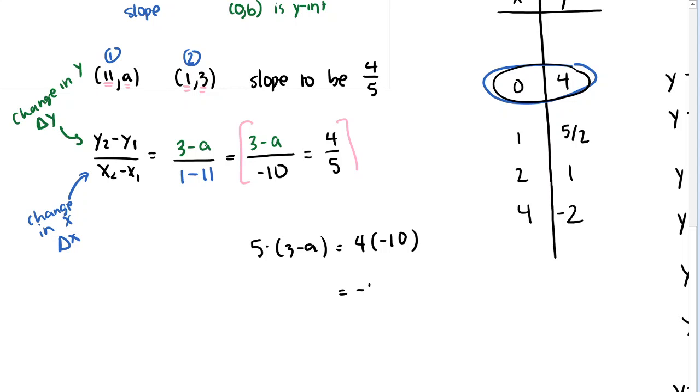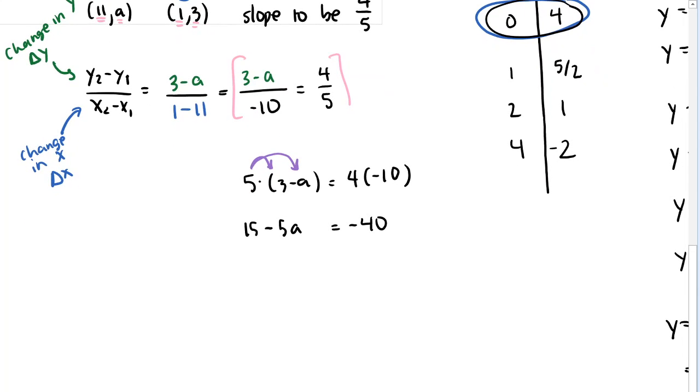Well, this is going to give us negative 40 is equal to, and we can distribute here, 15 minus 5a. Now, how do we solve this equation further? Well, we would subtract away 15 from both sides, and this gives us negative 55. And dividing both sides by negative 5 would give us a is equal to positive 11.